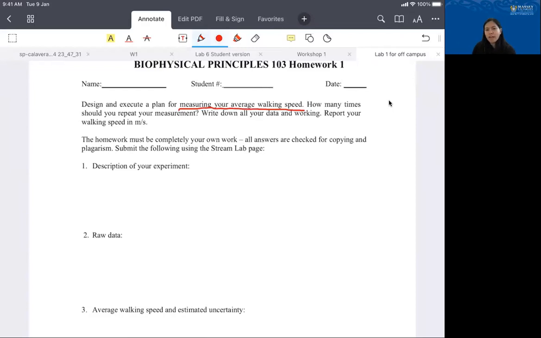For you to find the uncertainty, the variability in your measurements, how many times do you think you should repeat your measurement? Do you think one measurement for your distance and one measurement for the time is sufficient? Or do you think you need to take multiple measurements?